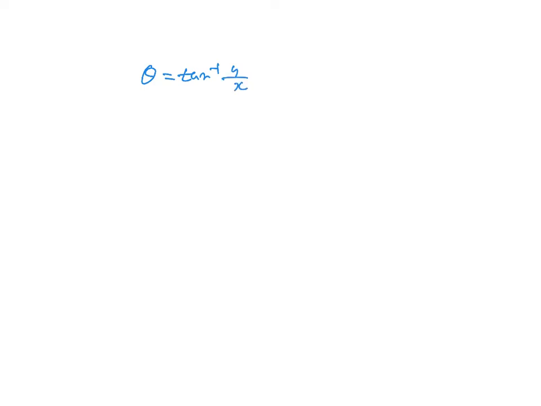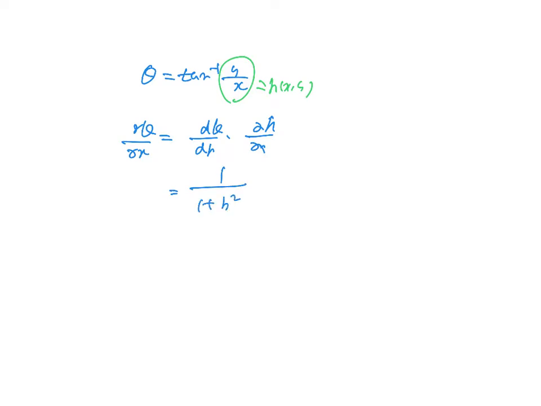Let's say this is h. Then partial theta over partial x is d theta over dh times partial h over partial x. And d theta over dh is 1 over 1 plus h squared, as I have done there.